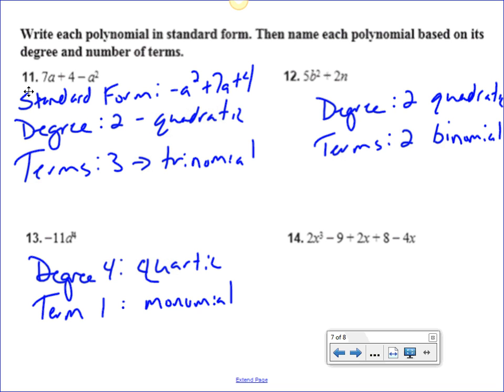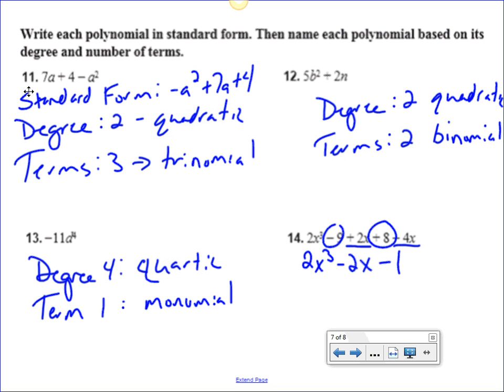Okay, see what you can do with this last one, and then we'll talk about it. Okay, the first thing you should see is that there's things that could be combined. So if I wrote it into standard form, it would be a 2x to the third minus 2x. And then if you combine those, you get a minus 1.